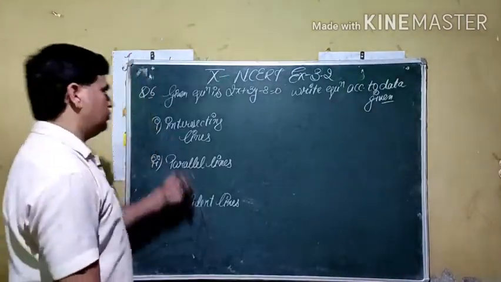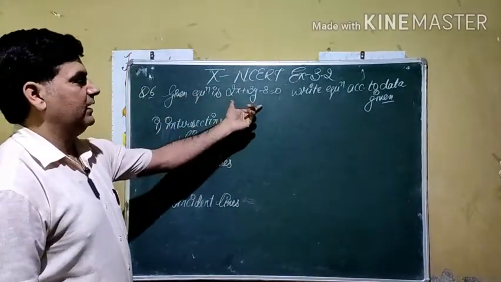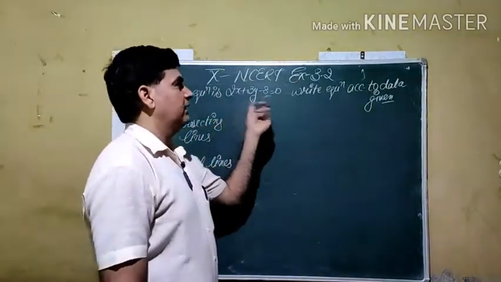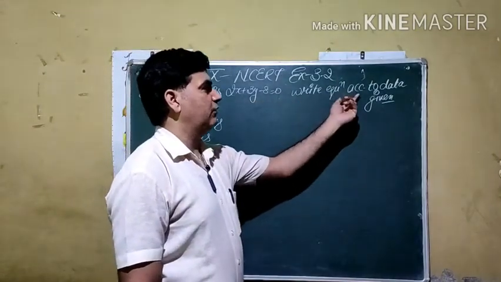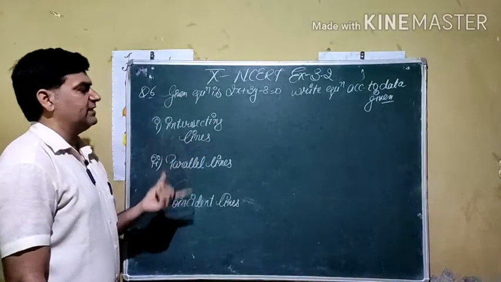Our next question, question number 6: we have been given an equation of a straight line. The second equation of the line is not given. Our question is to write down another equation of a line according to the given condition. The first condition is intersecting lines.